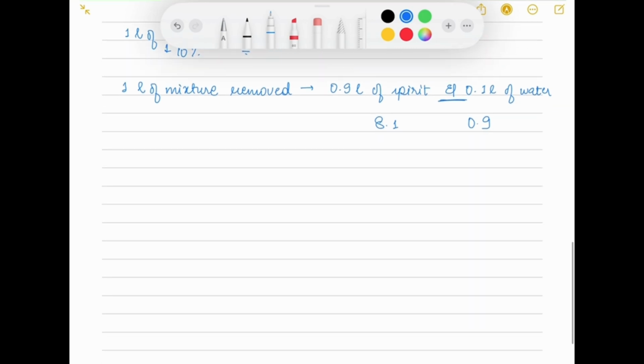The next thing that happens is that this process is repeated one more time. But after removing this, we are actually adding 1 liter of water. Once it is added, the mixture becomes 8.1 liters of spirit and 1.9 liters of water.